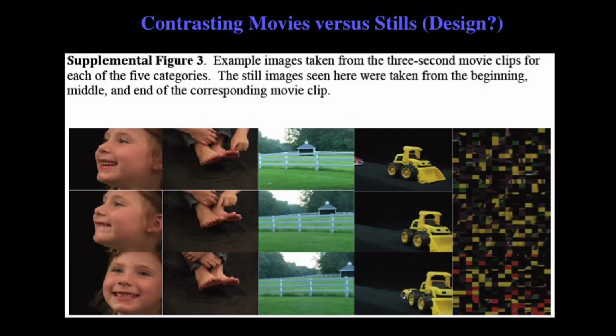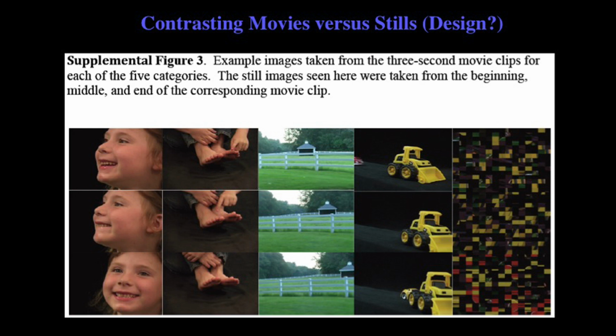The fusiform face area looks fine, occipital face area looks fine, but the response in that superior temporal sulcus was bigger than what I'd seen before. In fact, I haven't published very many papers on that region because I can't usually find it. It's kind of wimpy and lousy. But with this method, that superior temporal sulcus face region was really robust.